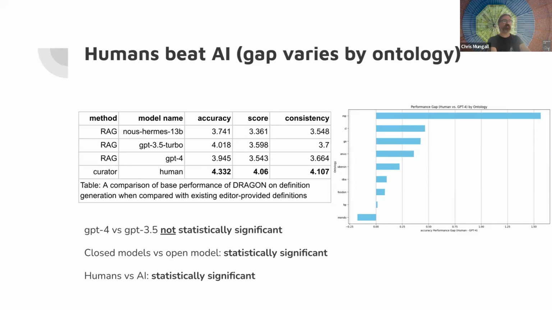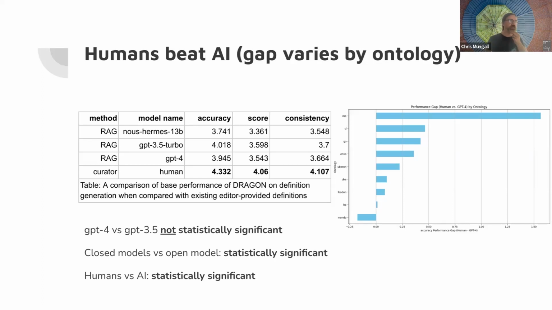What's interesting is it varies somewhat with ontologies. For whatever reason, with the mammalian phenotype definitions, and I think I do have a reason for this, the evaluators definitely preferred the human-generated ones to the AI-generated ones. But for other ontologies, the gap was lower.